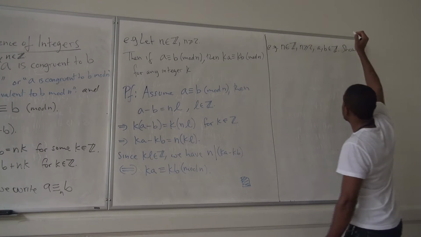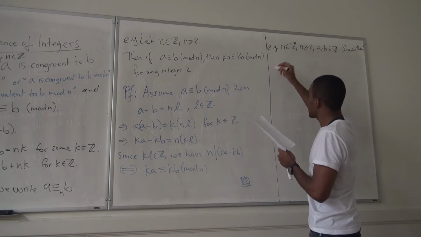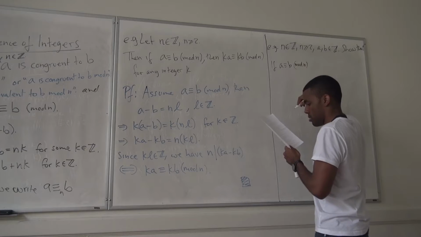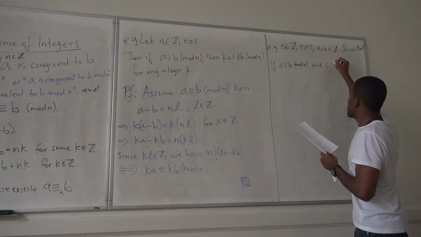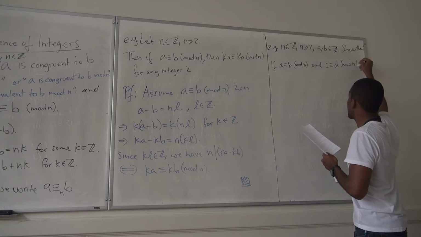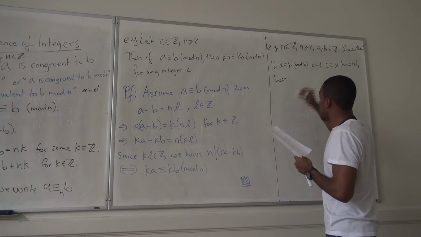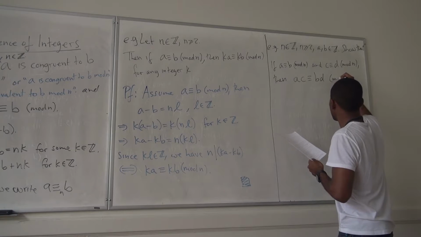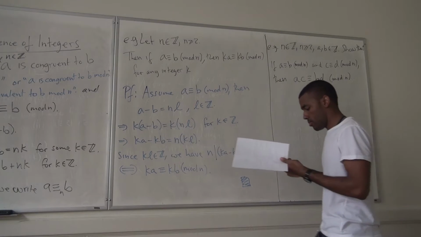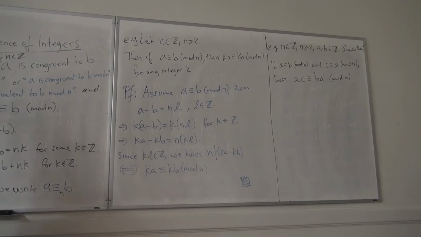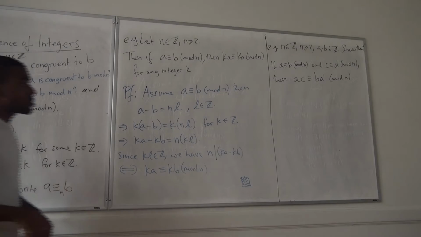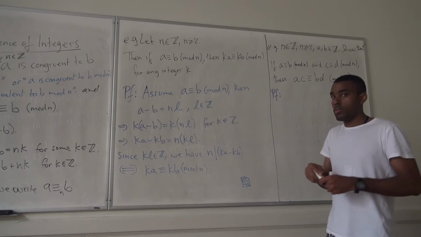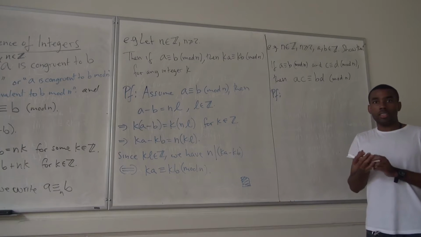Show that if A is equivalent to B mod n and C is equivalent to D mod n, then I can multiply them: A times C is equivalent to B times D mod n.